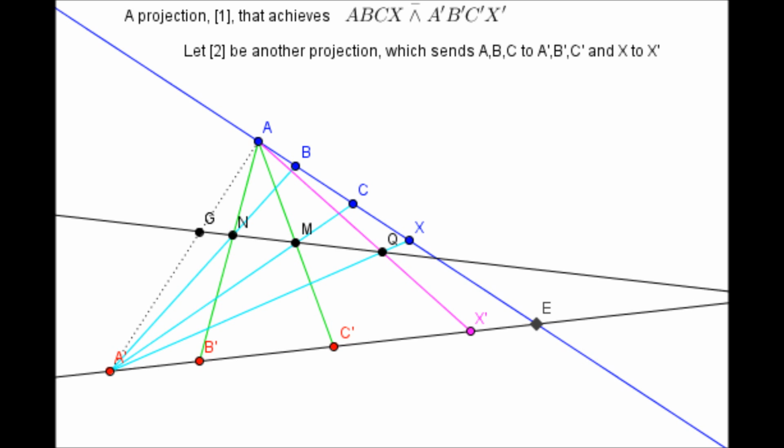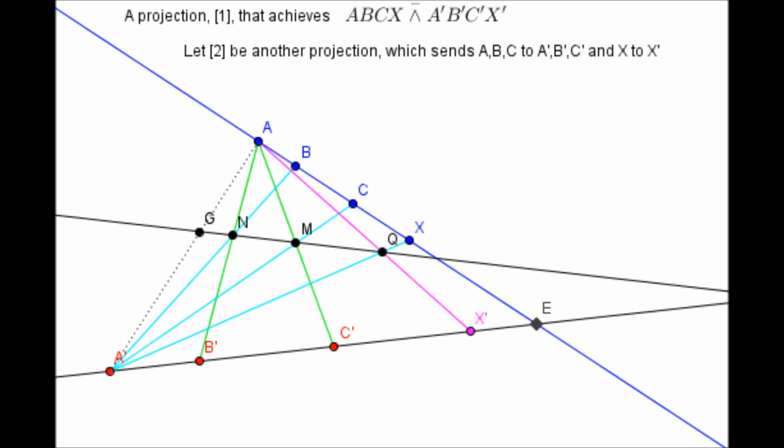Now let's just suppose for the sake of argument that there was a second projectivity, let's say projectivity 2, which sends A to A dash, B to B dash, C to C dash, and X to X double dash, where X double dash is another point, a point other than X. So we're making this kind of assumption, which we shall soon find is not correct.